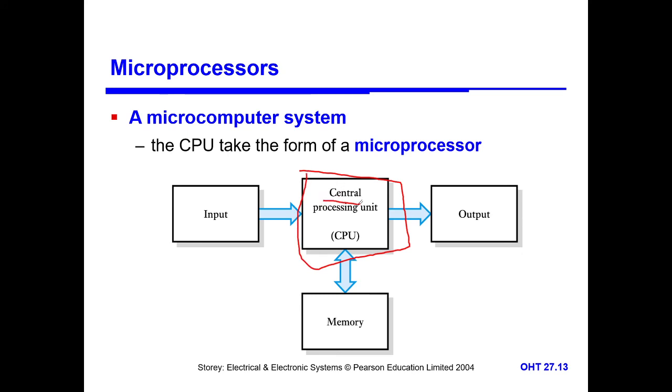When the central processing unit is available on a single chip, then that is called as microprocessor. Micro means small, processor which is used to process the data.